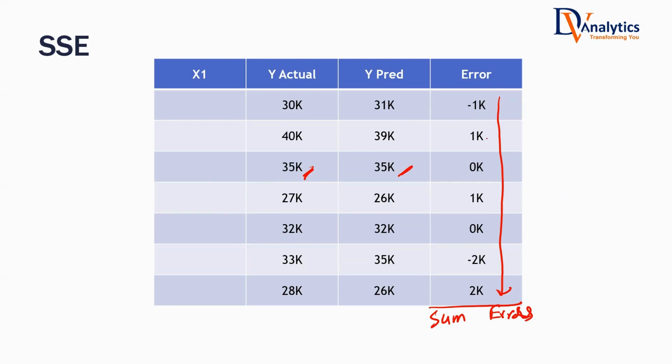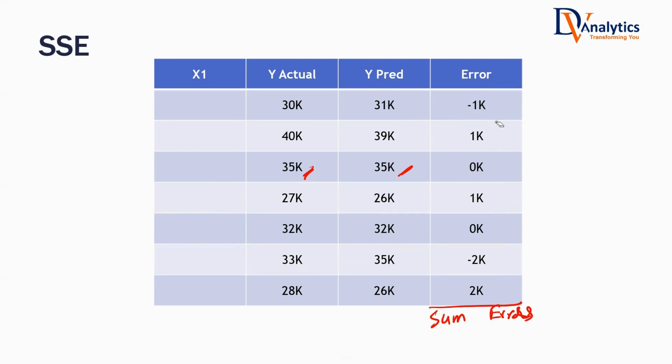Some errors are positive, some errors are negative. They may cancel out, and overall it may look like no error. Minus 1,000 is an error, plus 1,000 is an error, but if they cancel out, it looks like the model has made no error. Is that really true? It's not like there is no error.